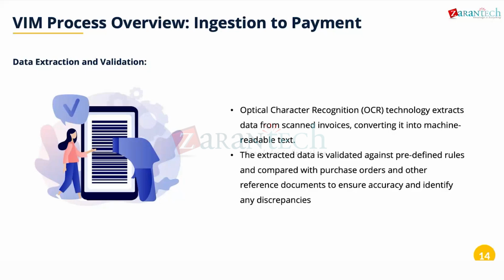Okay. And the extracted data is validated against predefined rules and compared with the purchase order and other reference documents to ensure accuracy and identify any discrepancy. This is the validation part of the VIM solution they are talking about. OCR is the one which is going to extract the data and pre-fill that data into your SAP screens, so that the rest of the validations happen against this data.